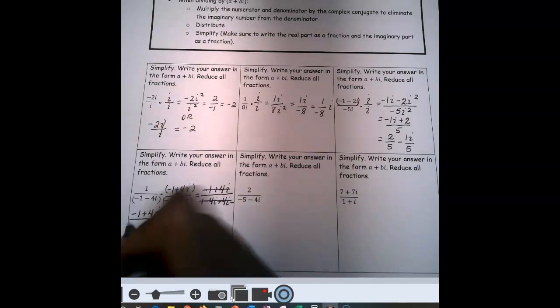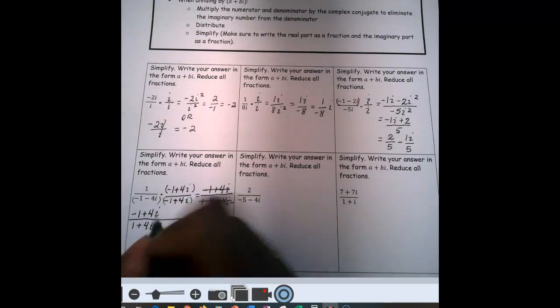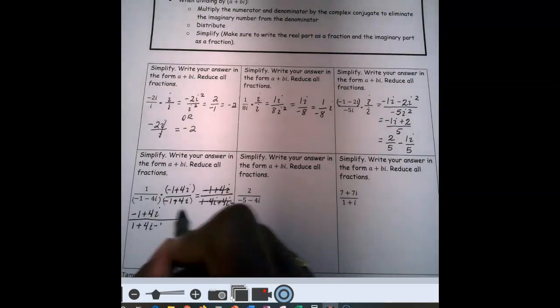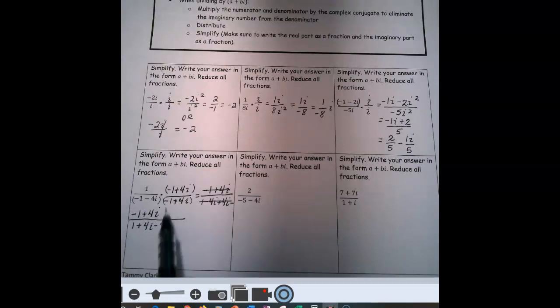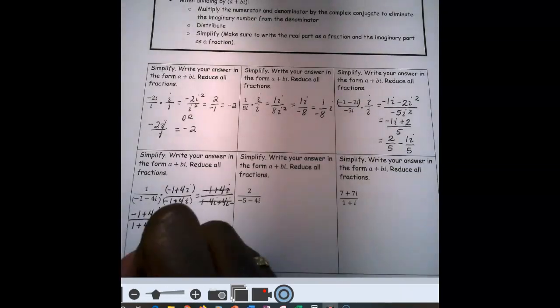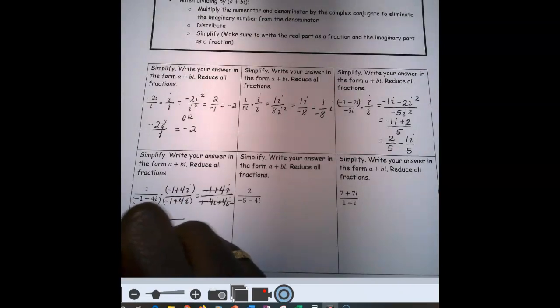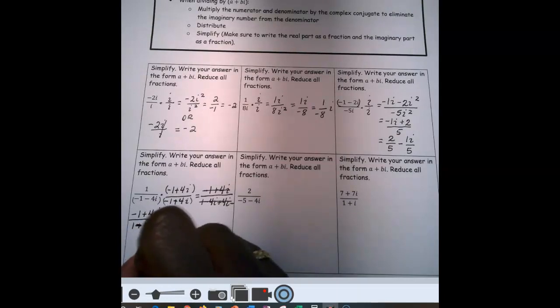So we said this was 1 plus 4i minus, I did that backwards, didn't it? -1 times -1 is +1, -1 times +4 is minus 4. Okay, so make this a minus, and then -4i times -1 is +4i.